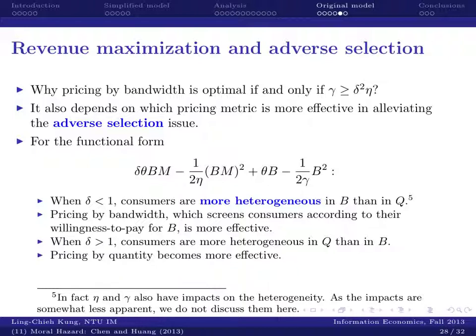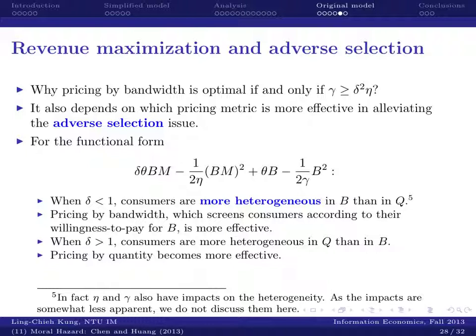When delta is greater than 1, consumers are more heterogeneous in Q than in B. Delta is 1 to 2, 3, 4, 5. Then this distribution is more random, more dispersed, and it's more effective to screen the first part. As we mentioned in the footnote, eta and tau also have some impacts. It's not so easy to give an apparent or transparent interpretation, so we do not discuss it here.